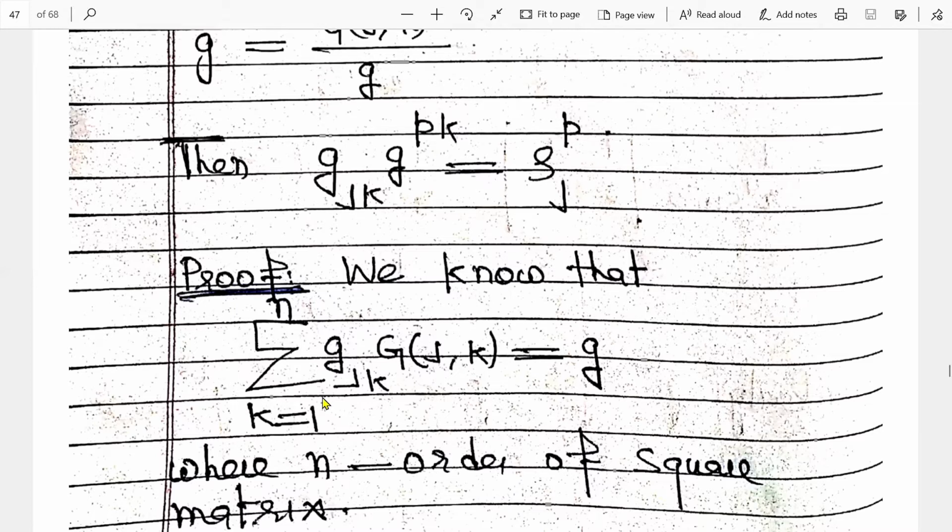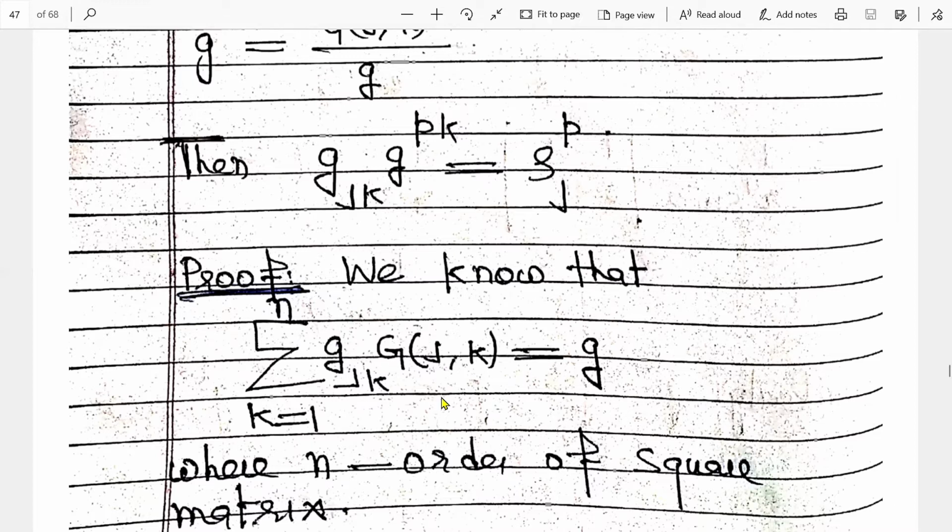This is the same result. This is expanding by the jth row, that means j is fixed. If j is the first row, then j is 1. If j is the second row, then j is 2. And this k represents the sum. Clear? So this is basically the definition of determinant.